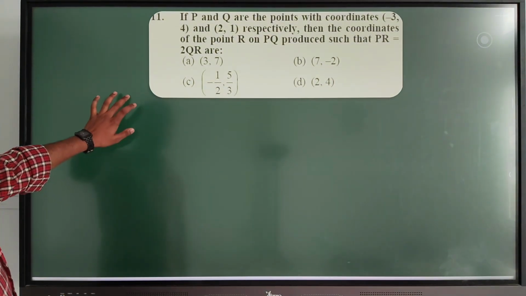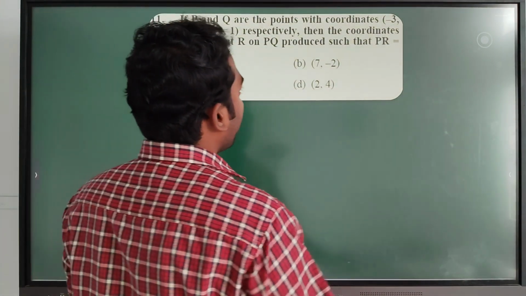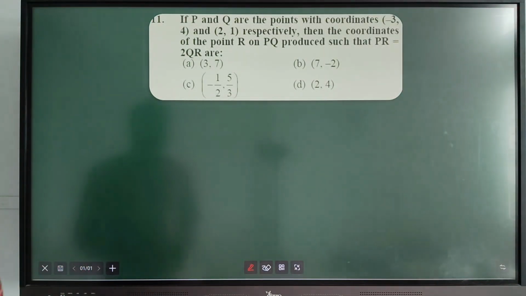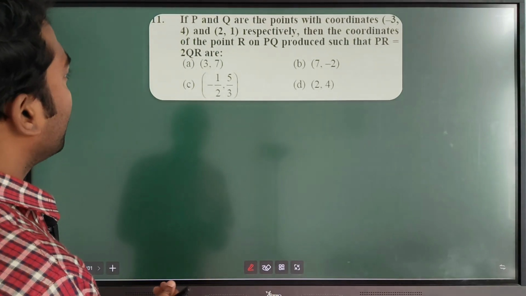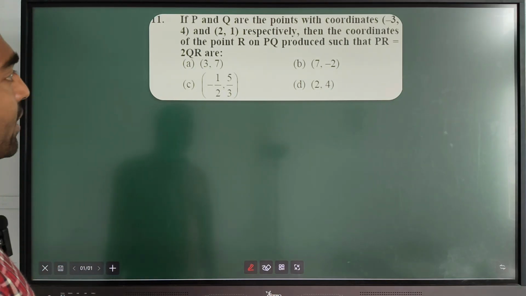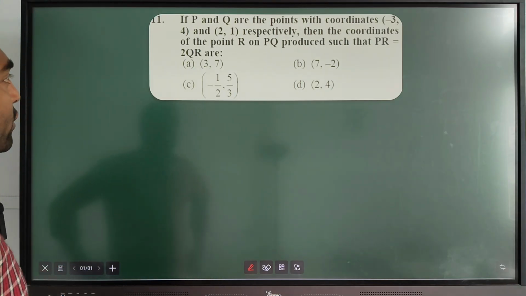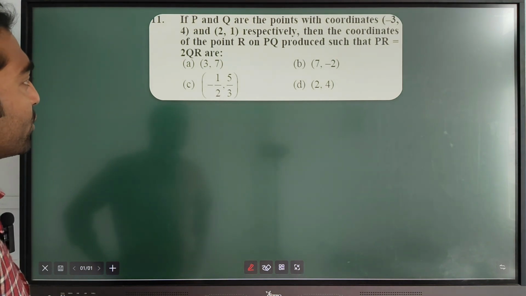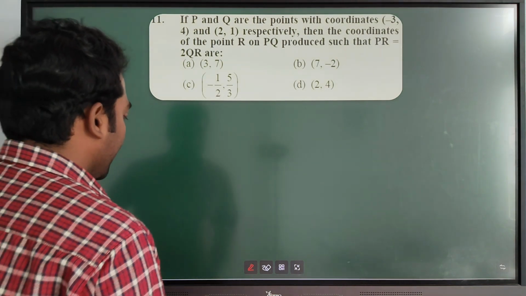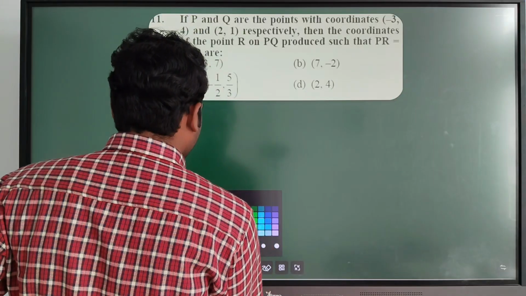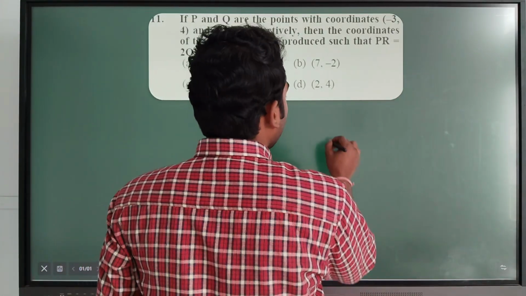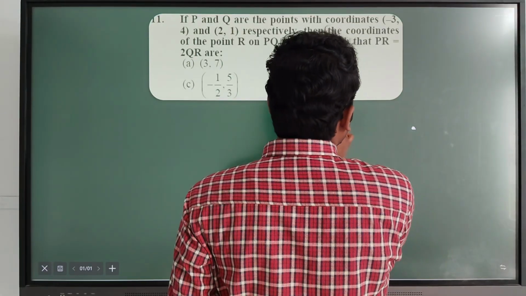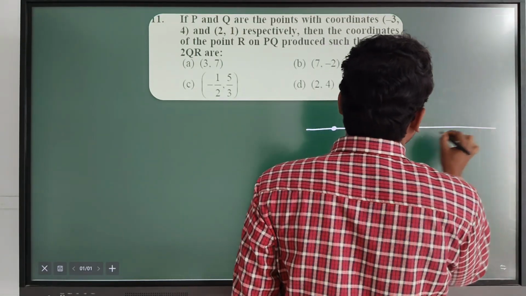So next question, question number 11. If P and Q are the points with coordinates -3, 4 and 2, 1 respectively, then the coordinate of the point R on PQ produced such that PR is equal to 2QR. So let the two points be P and Q like this.